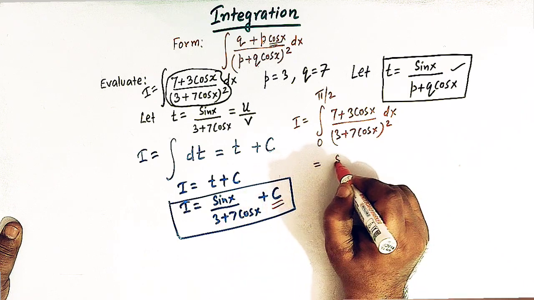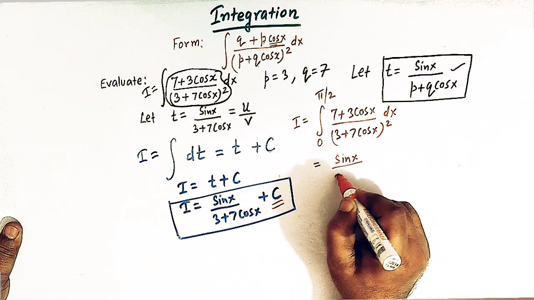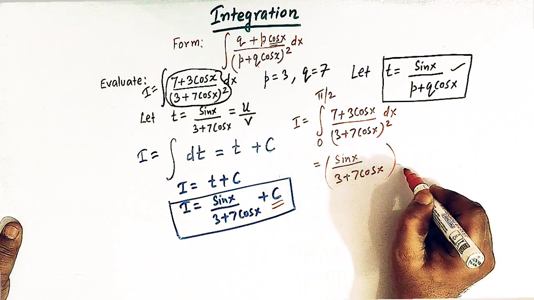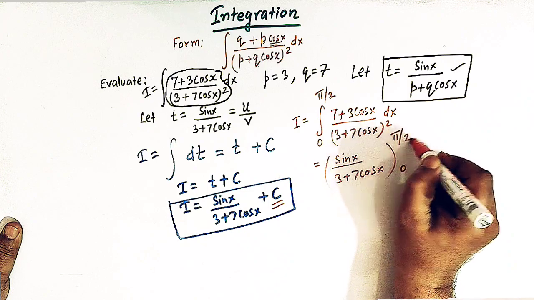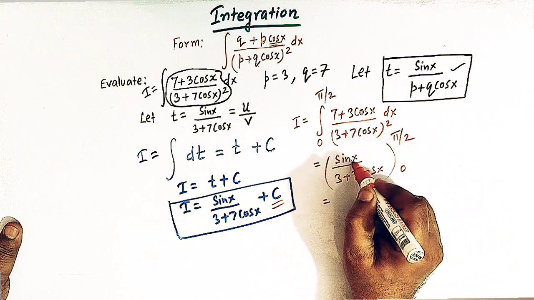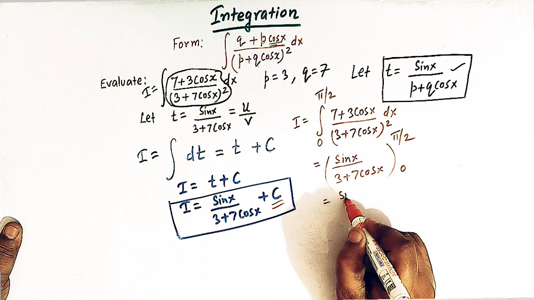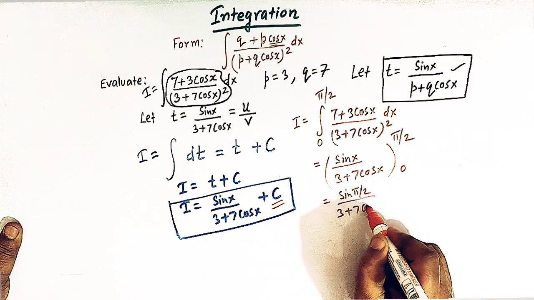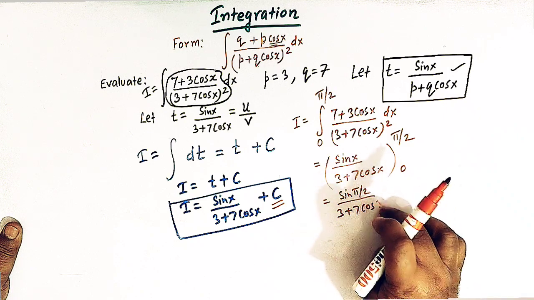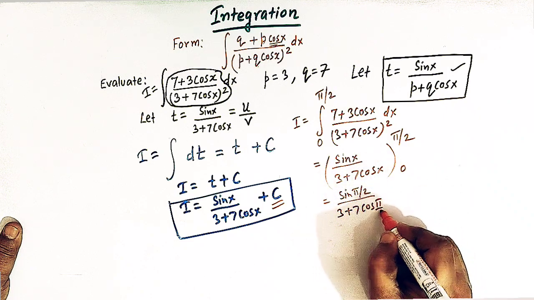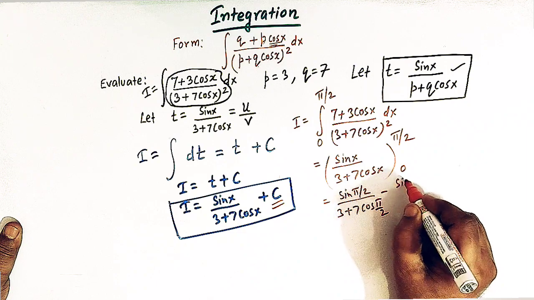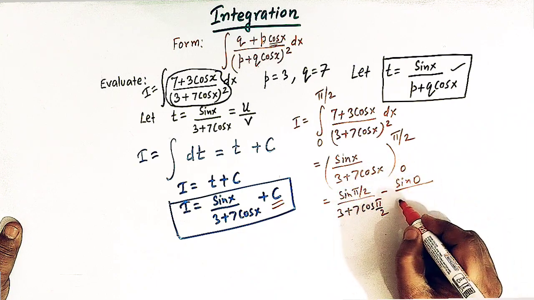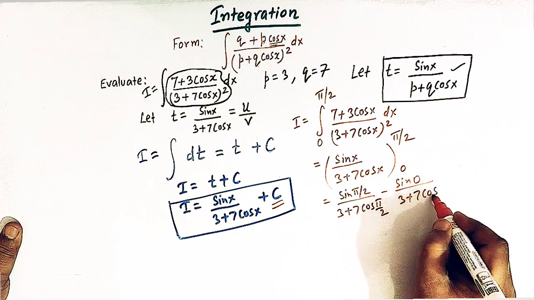So we'll simply write sine x over 3 plus 7 cos x, and the limits are from 0 to pi by 2. So when we take pi by 2, we have sine pi by 2 over 3 plus 7 cos pi by 2, and then minus sine 0 over 3 plus 7 cos 0.